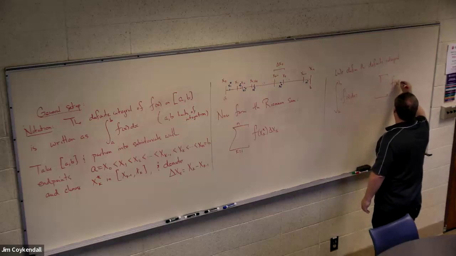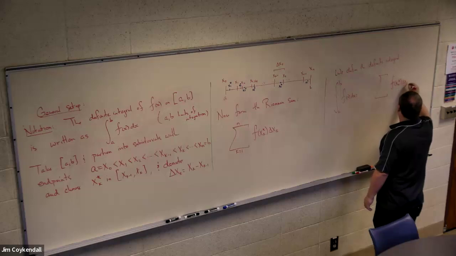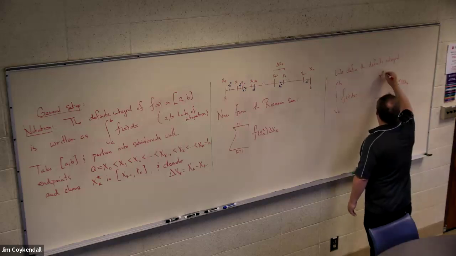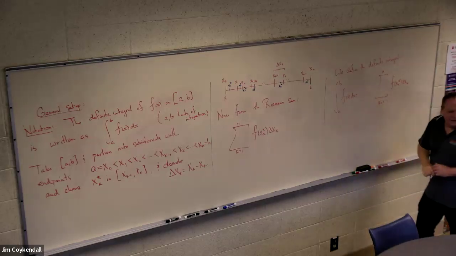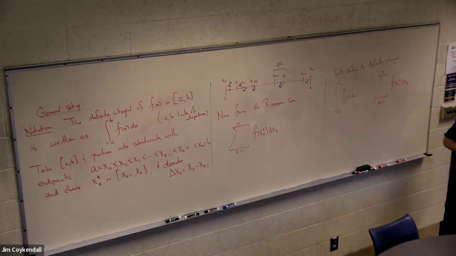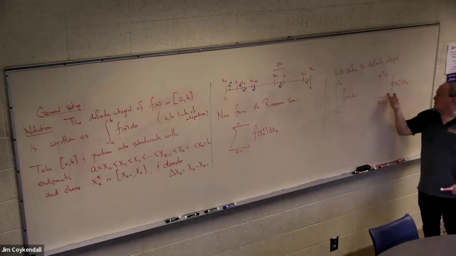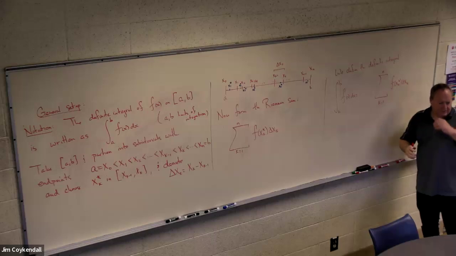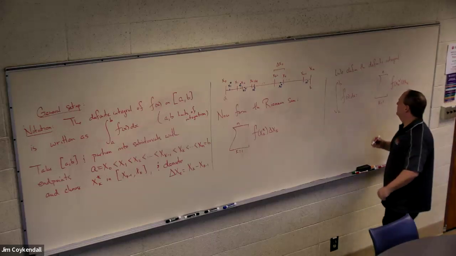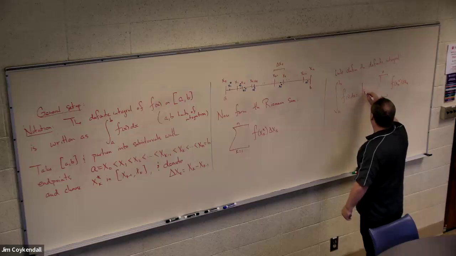I need some kind of limit, right? So what am I doing? I'm taking this sum and I'm making the boxes more and more of them.